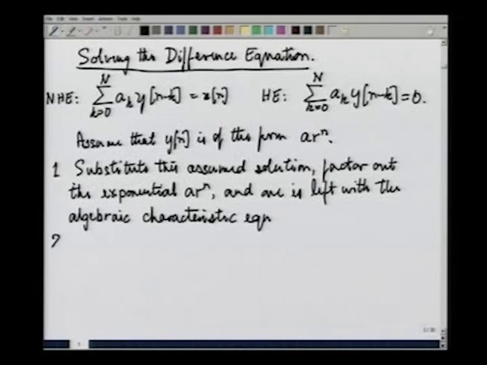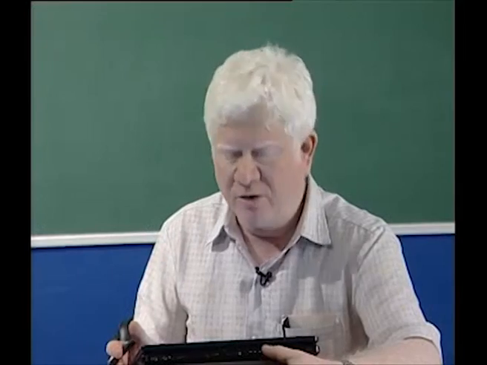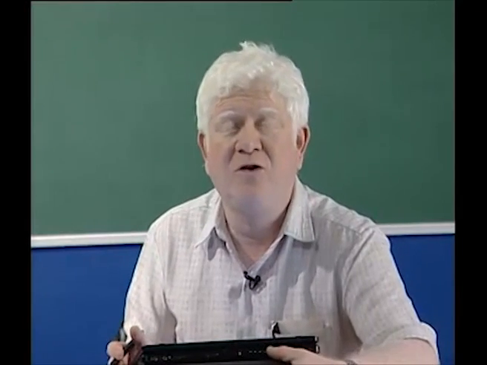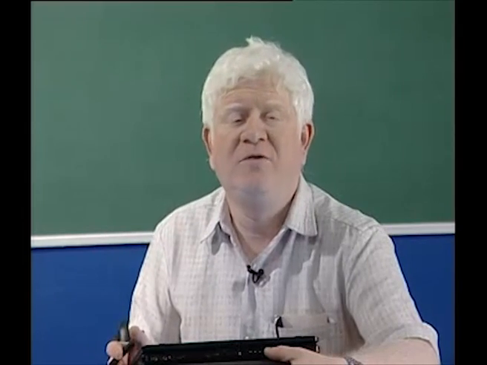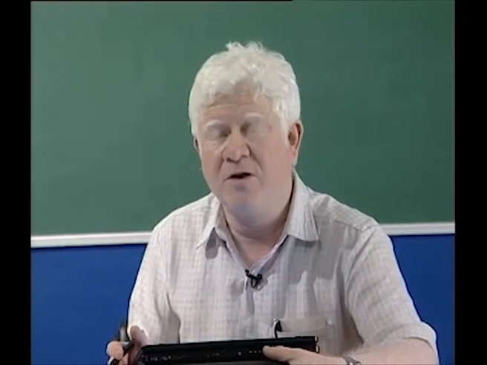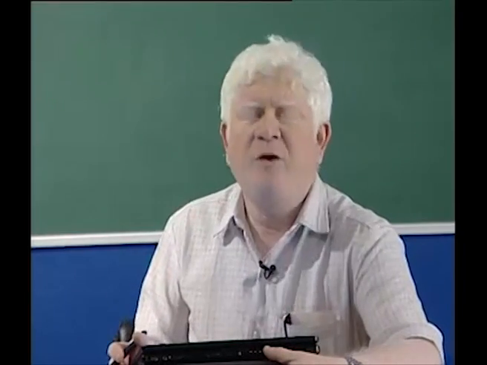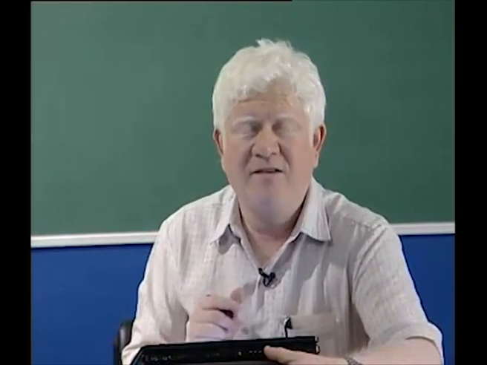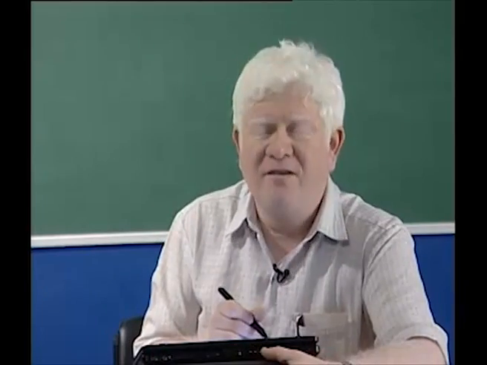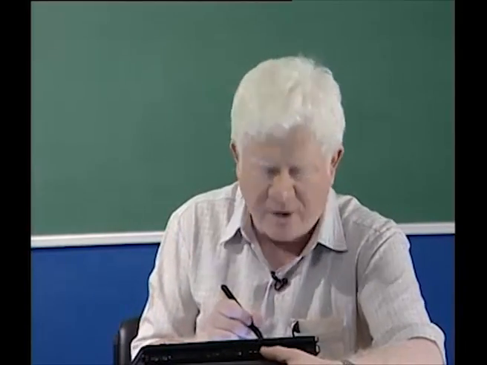Step 2, I am just going to write out the steps, since most of the steps, as I said, are extremely analogous. Even step 1 is analogous to what we used to do for the differential equation when we tried to solve it for the linear constant coefficient ordinary differential equation. So, step 2, once you have the characteristic equation, solve the algebraic characteristic equation, find the roots.